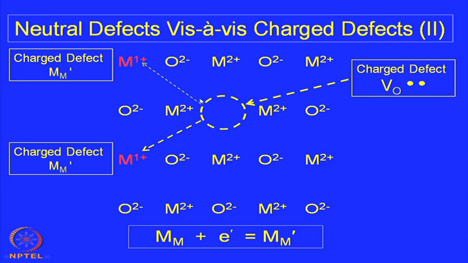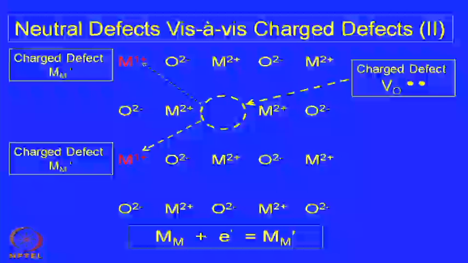So what has happened is it has donated one electron to this metal ion and another maybe to another metal ion. That is most likely, not normally do two electrons go to the same metal site. That depends, of course, on what variable valency it has.